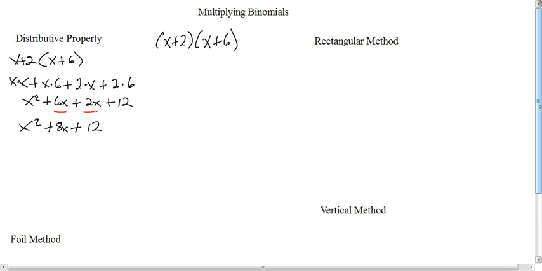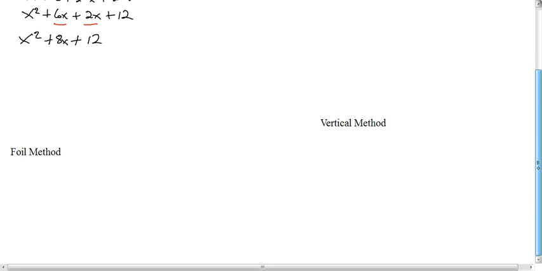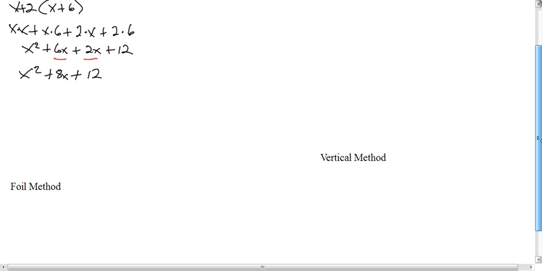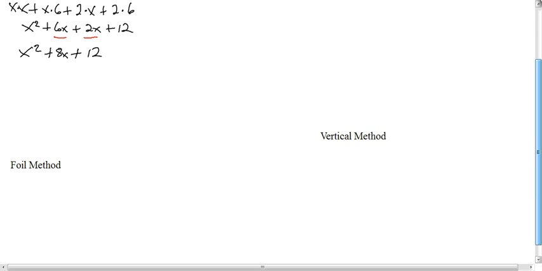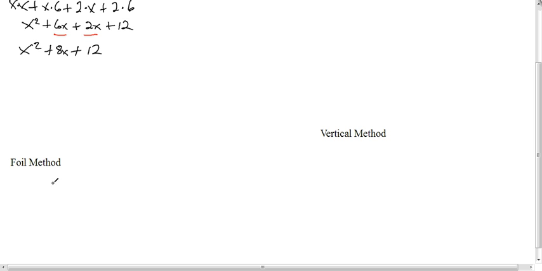Then we have this method that's called FOIL. FOIL is pretty simple, similar, may I say, to distributive property. So let's go ahead and run through it. So we have x plus 2 times x plus 6, and when we're talking about FOIL, we're talking about the first terms.